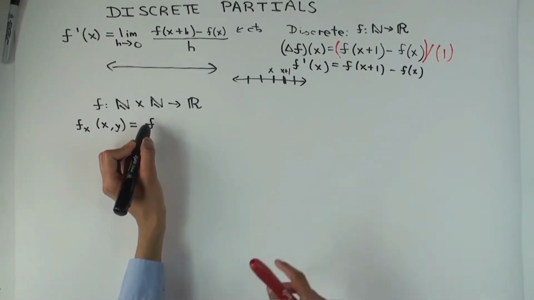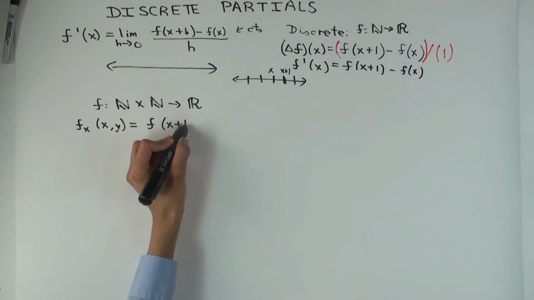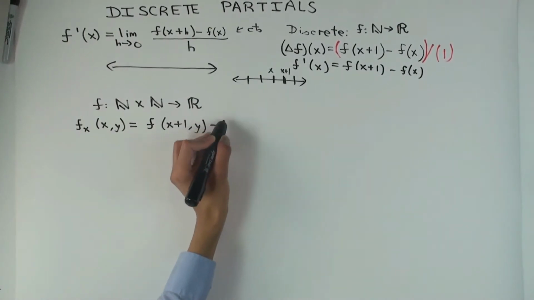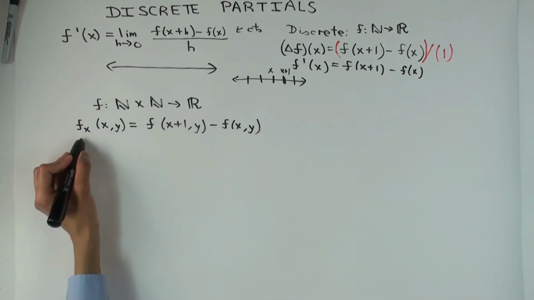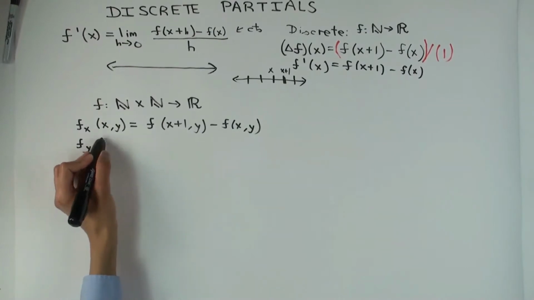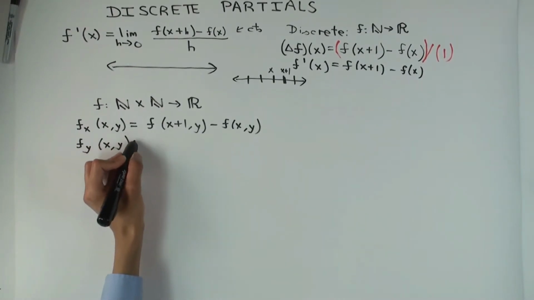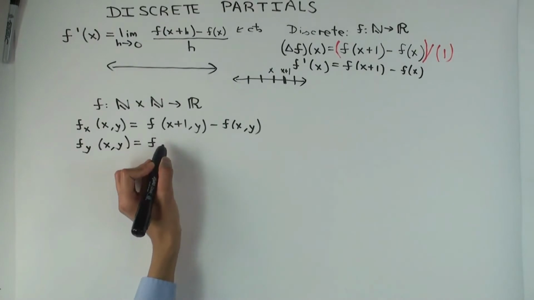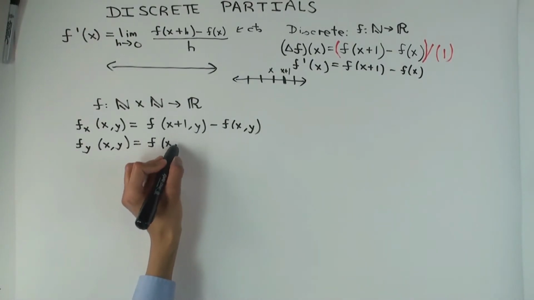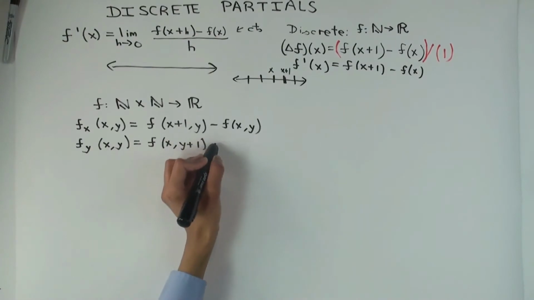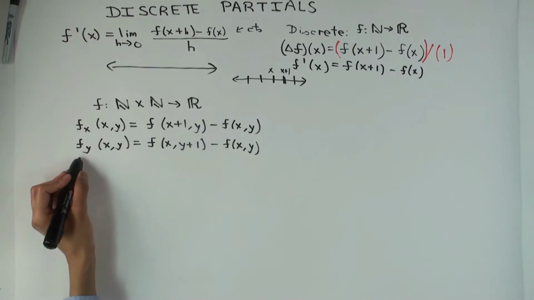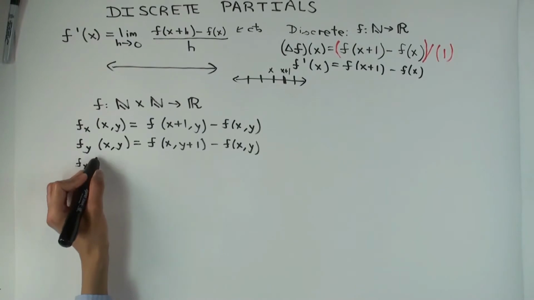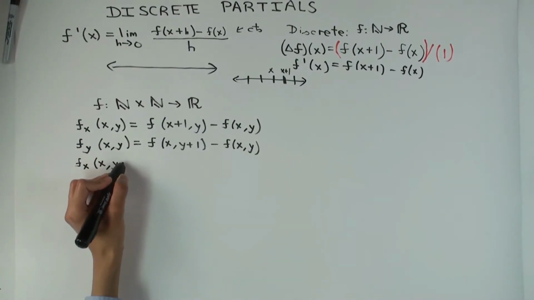So it's the function at x plus 1 comma y minus f of x comma y. And similarly, f sub y is f of x comma y plus 1 minus f of x comma y. Now, what is f sub x of x comma y plus 1?